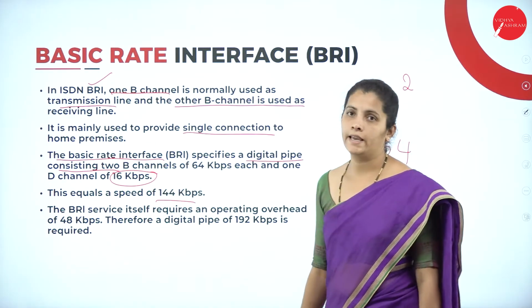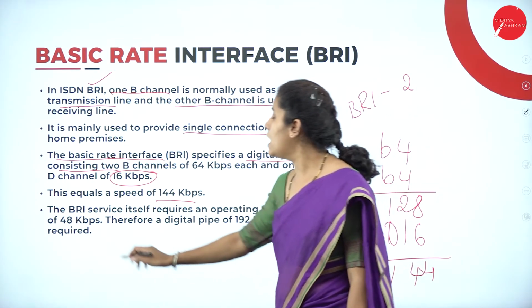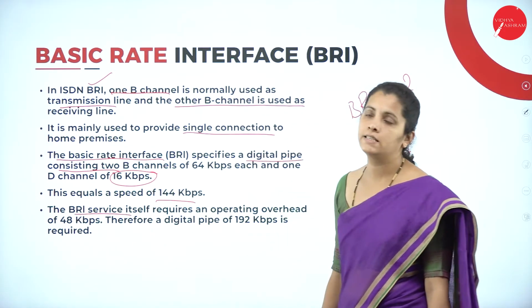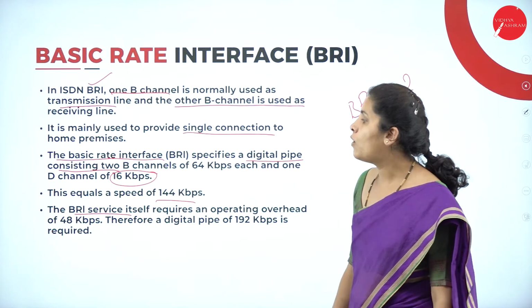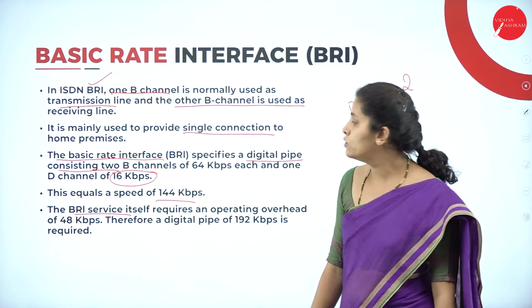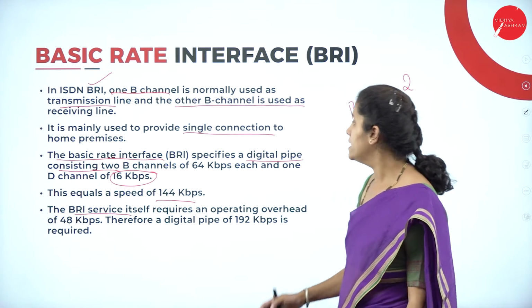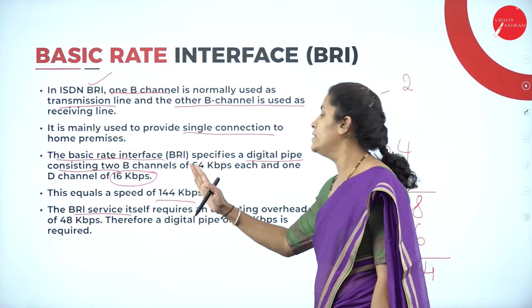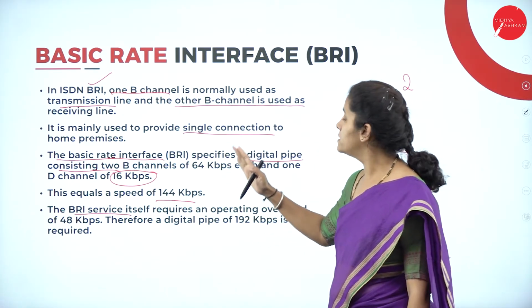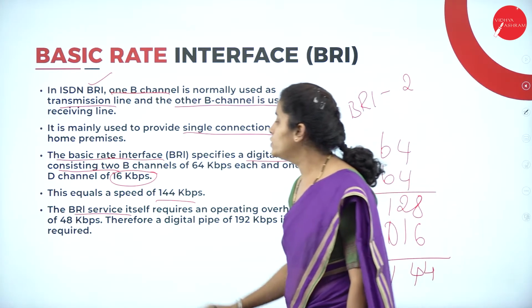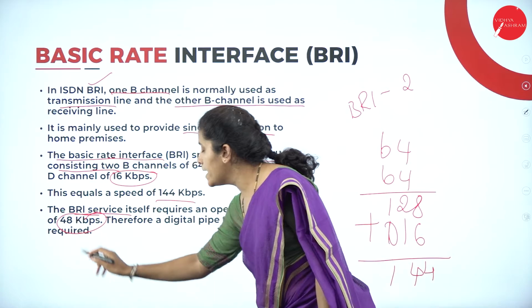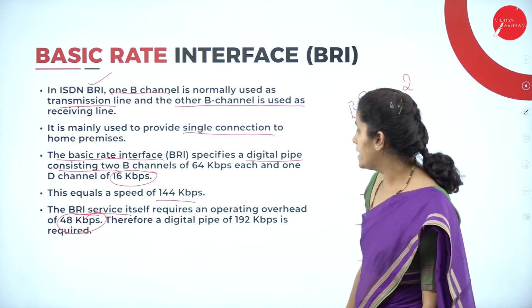kilobits per second. And here the BRI service itself requires an operating overhead of 48 kilobits per second. That means in the 144 kilobits per second, the BRI service is going to make use of 48 kilobits per second.